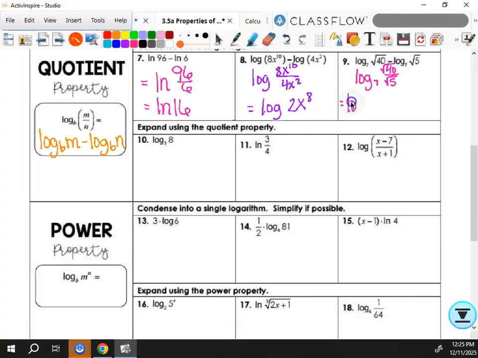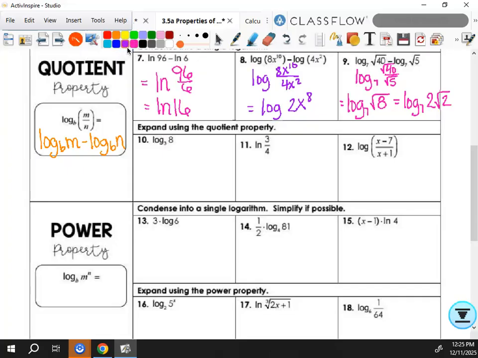So this is going to give me log base 7 of the square root of 8, but I can reduce the square root of 8. What is that? 2 square root of 2. Very good. And if you want to go off to the side and do the tree or whatever, that's totally fine. Any questions at all? All right.